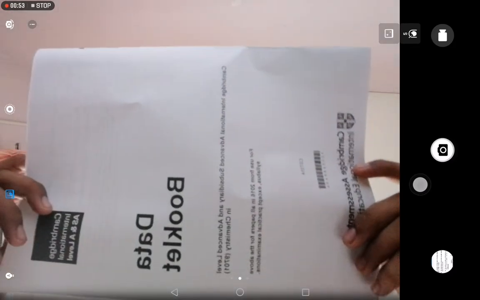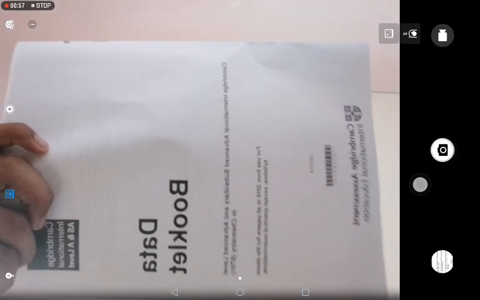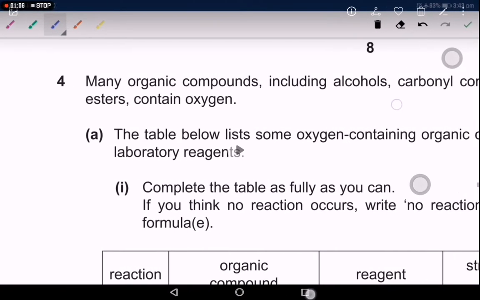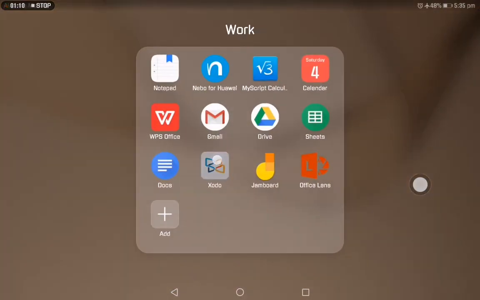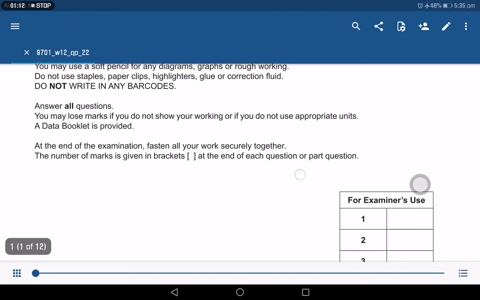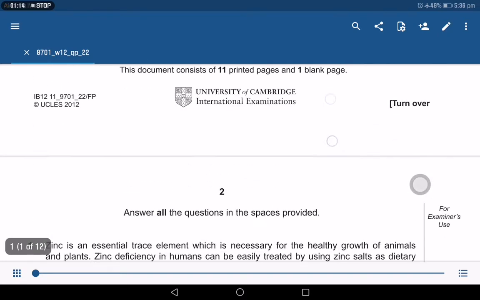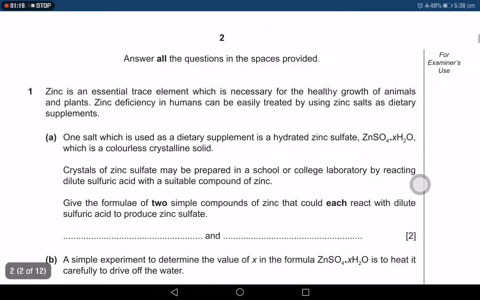It's a bit upside down because I'm taking this picture from the video, so it'll be inverted. Anyhow, you must be provided such a data booklet. And okay, so let's go on.